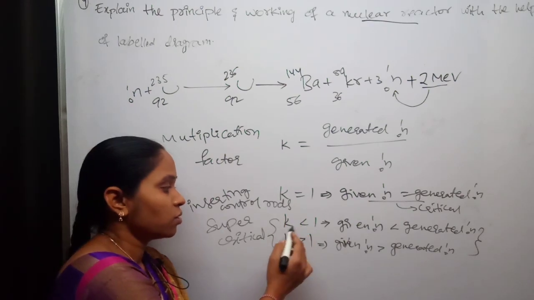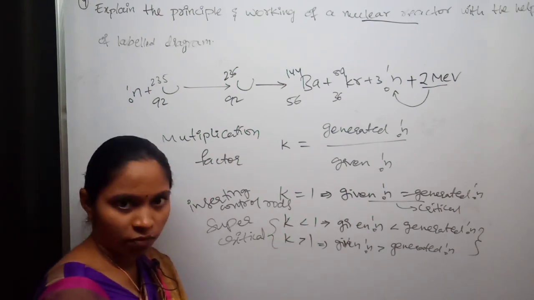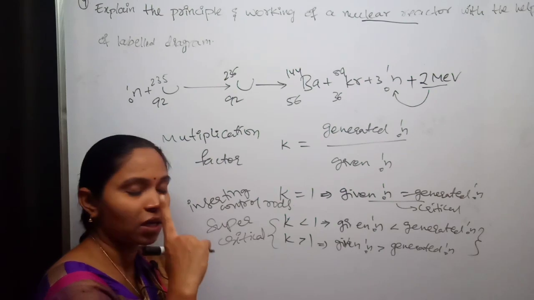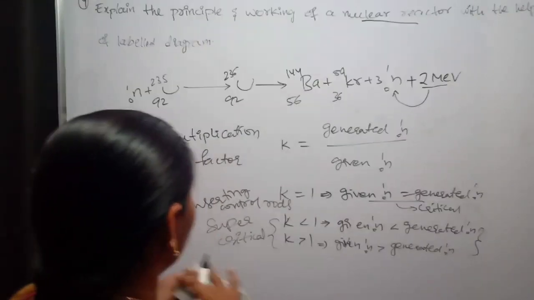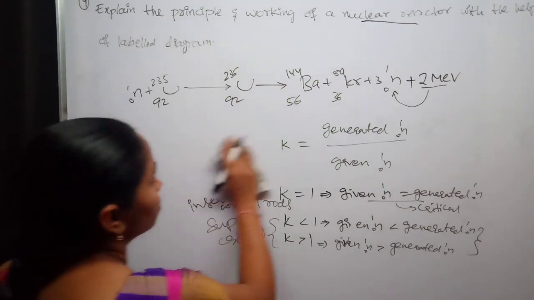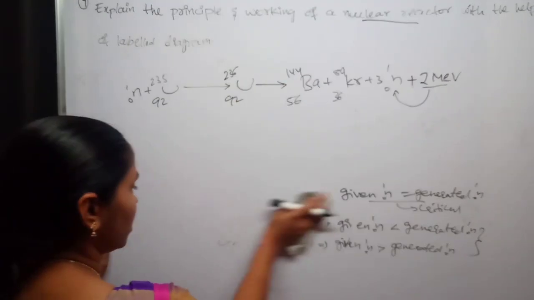We can bring the K value to 1, unity. Okay, and with the help of the diagram I will explain the working of nuclear reactor.